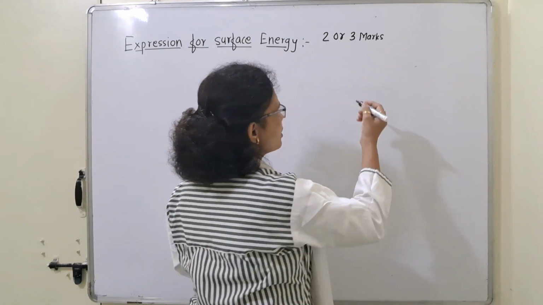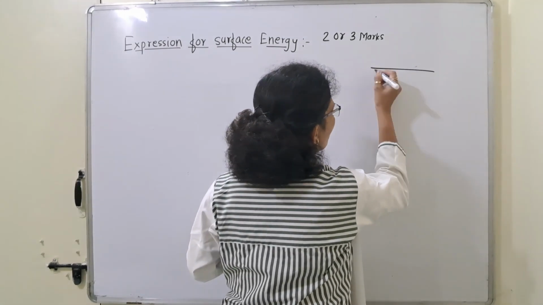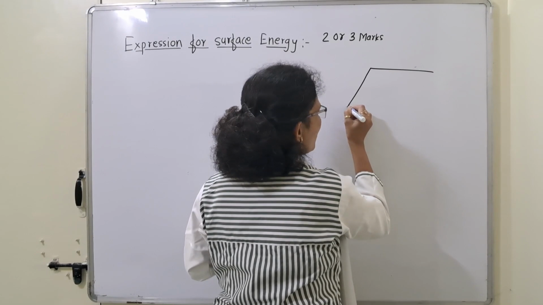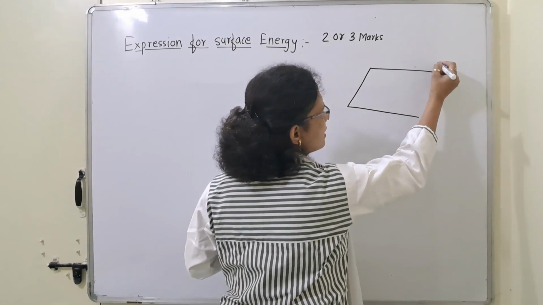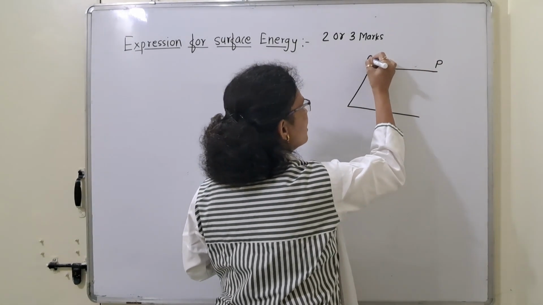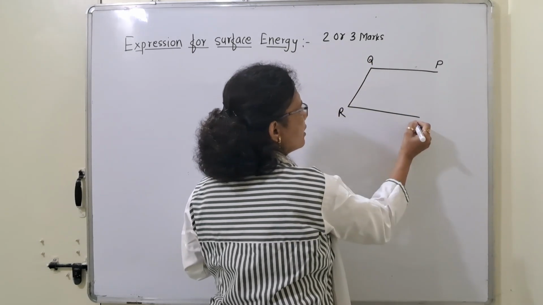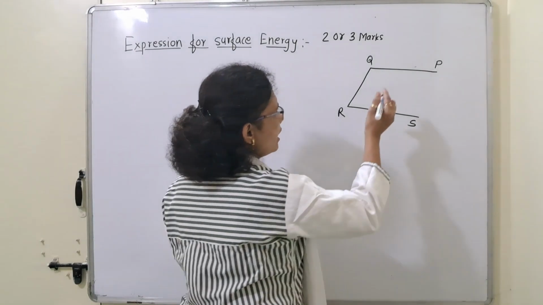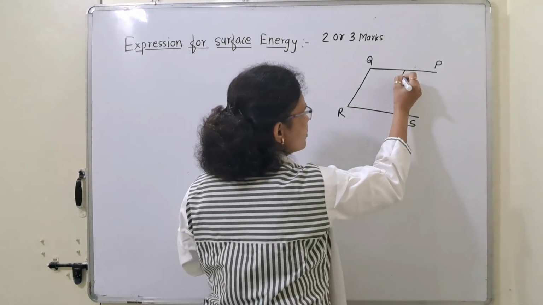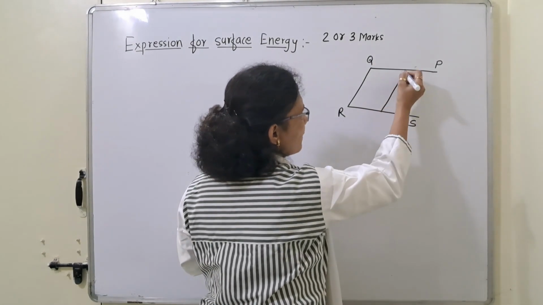For this derivation we have to consider one frame of somewhat C shape. See, if I consider this frame P, Q, R, S, these arms are fixed. Another arm we have to consider movable.